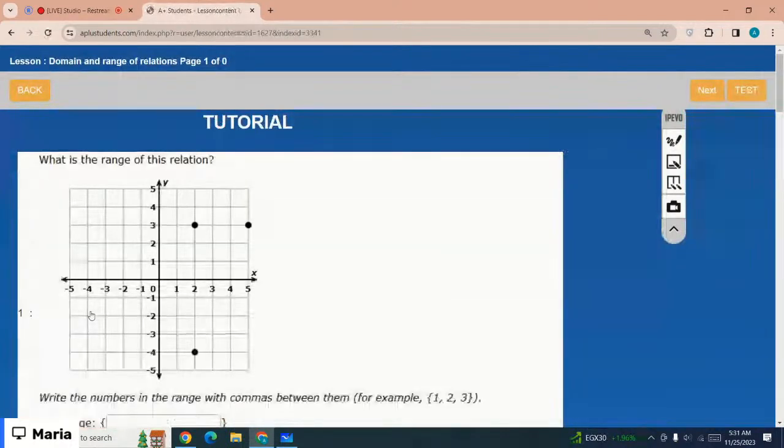So we're going to see what the domain is and what the range of a function is, right?